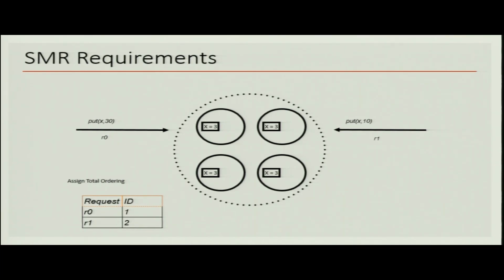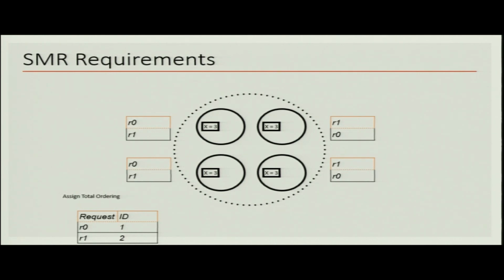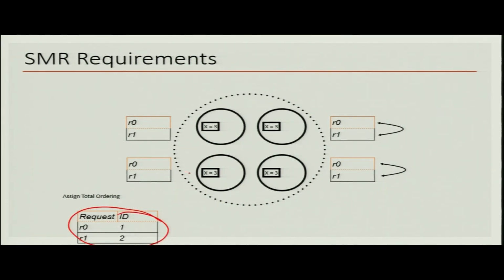So, we want to assign a total order, but if you leave it to each of these replicas to decide the order, then they may decide different orders. So, we have to do something. They need to reorder. If this is the final ID that we decide for everybody, then some of them are already in order, and these guys have to reorder the transactions.